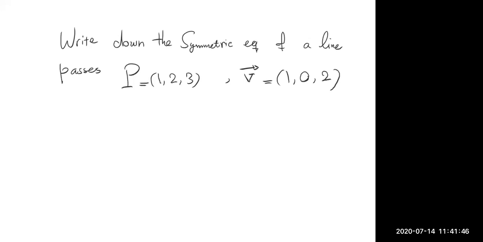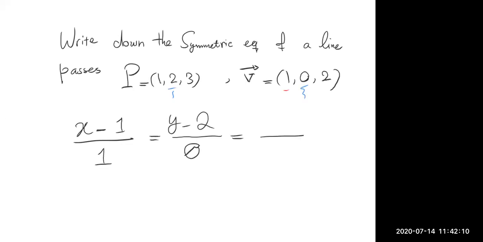I mean, if we want to do exactly what we did here, we should say x minus the first component of P, which is 1, divided by the first component of V, which is 1. This is equal to y minus the second component of P, which is 2, divided by the second component of V, which is 0.